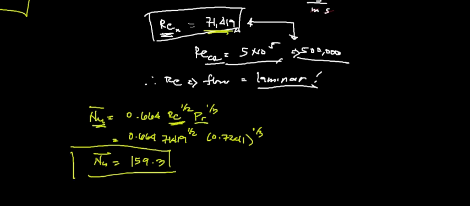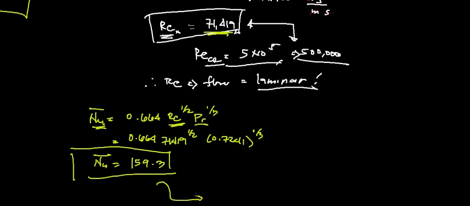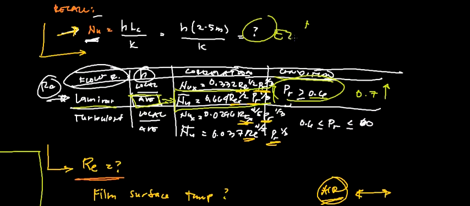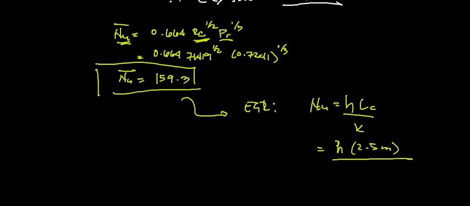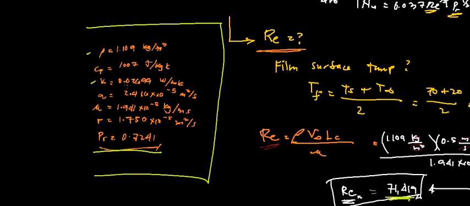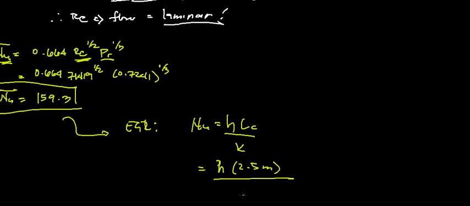Okay, so if we already determined the value of our Nu, going back to our equation 2, our Nu is equal to hLc over k, wherein our h is unknown, our Lc is 2.5 meters, and our k is 0.02699.